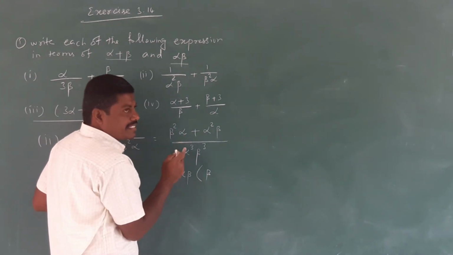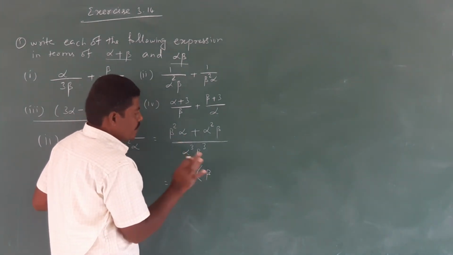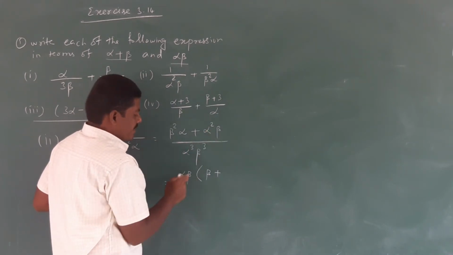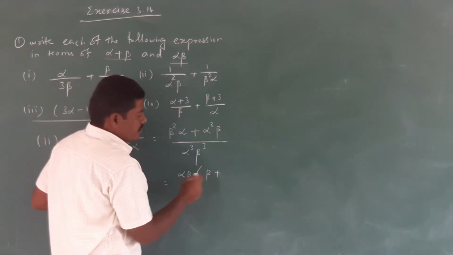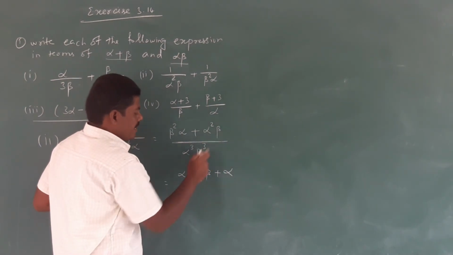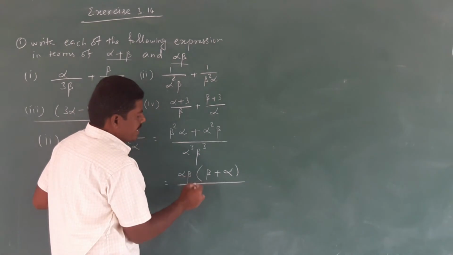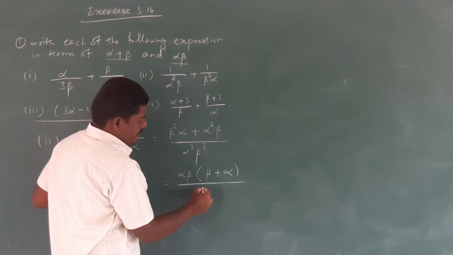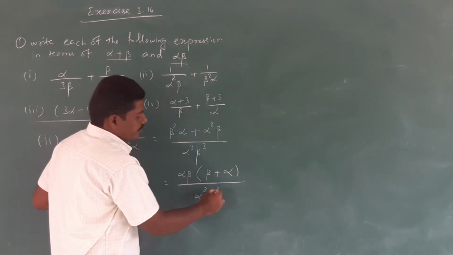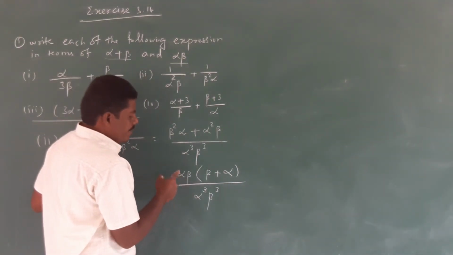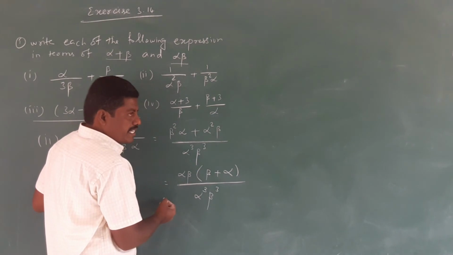Here only 1 alpha is there, already taken outside, so over. Plus here 2 times alpha is there, already 1 alpha taken outside, so remaining 1 alpha. Beta already taken outside, so over. The denominator is alpha cube beta cube. So here the numerator is alpha beta and the denominator is alpha cube beta cube.